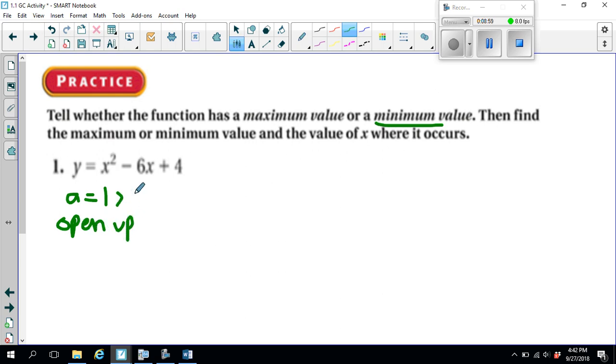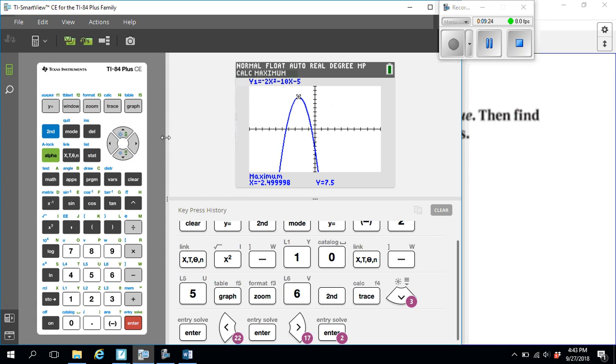All right. So we're going to do the same thing we did last time. We first have to do our y1, set it equal to our function here. So it's x squared minus 6x plus 4. Okay. So now what we're going to do is plug this into our calculator. So once again, we're going to go back to the y equals button.